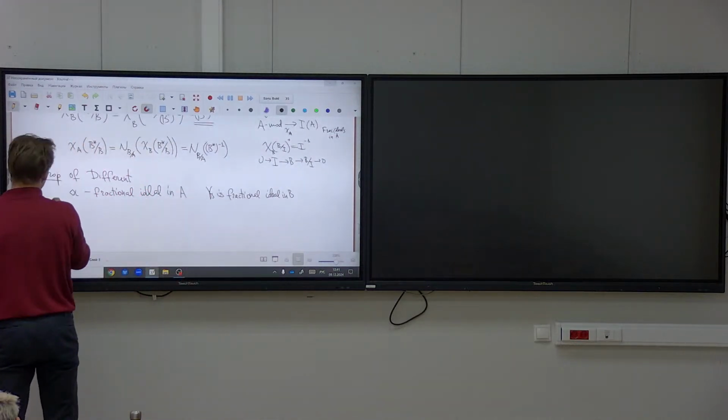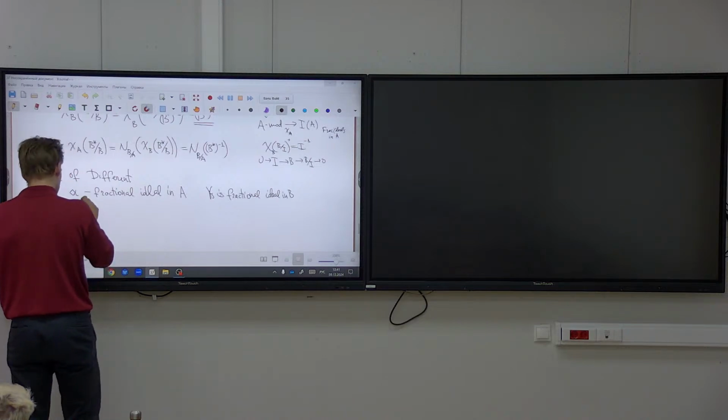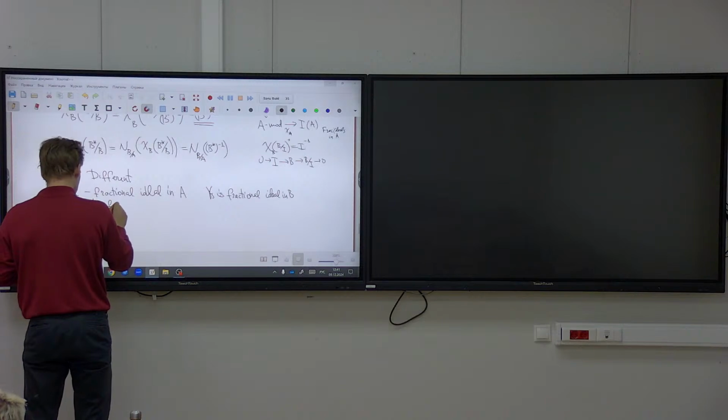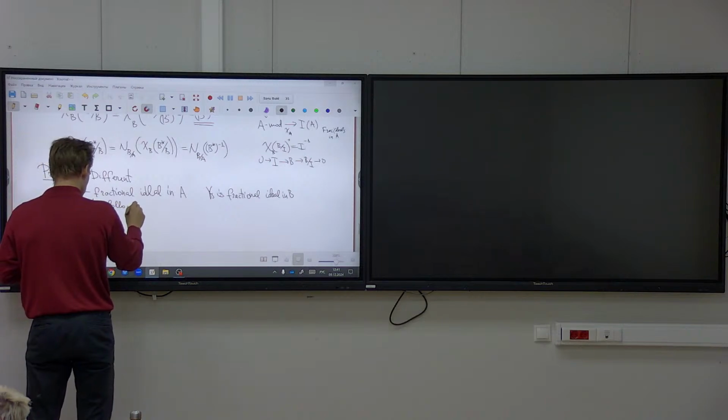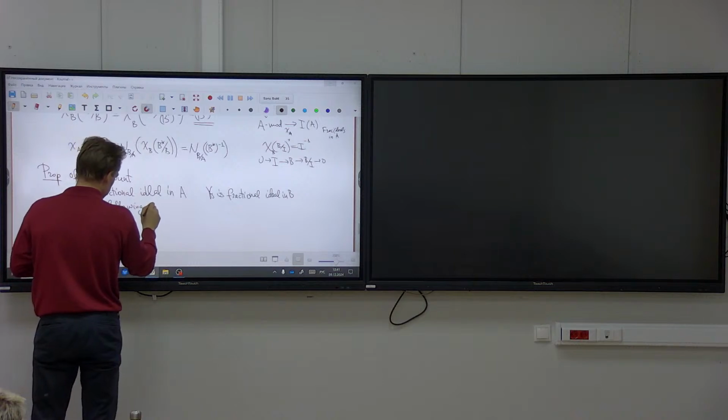The following conditions are equivalent.